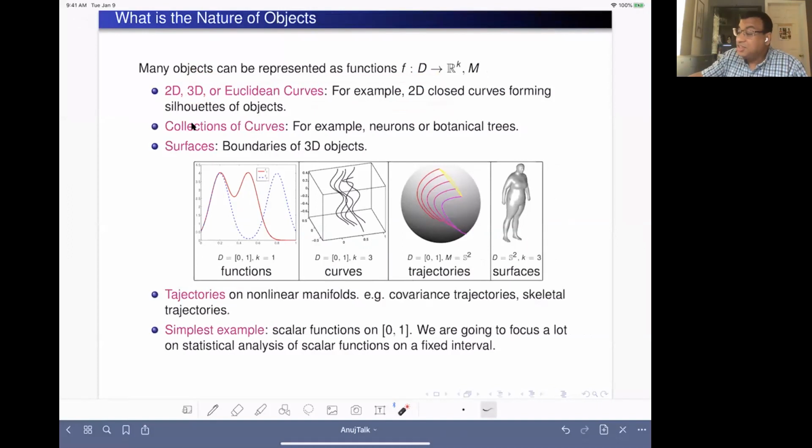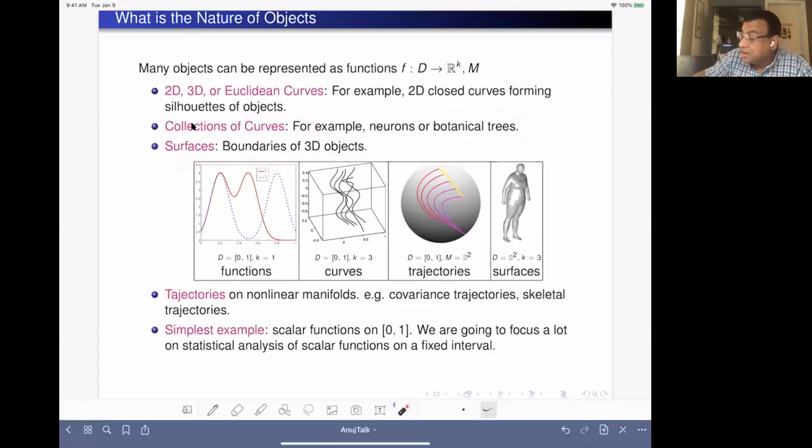Sometimes we have a collection of curves, like neurons, with a main branch, an axon, and side branches coming out of it. Or botanical trees with a main stem and side branches. So it's not just one curve, but a collection of curves. We have looked at human bodies and human faces, which can be thought of as surfaces. And there are many other examples of mathematical formulations of these objects.